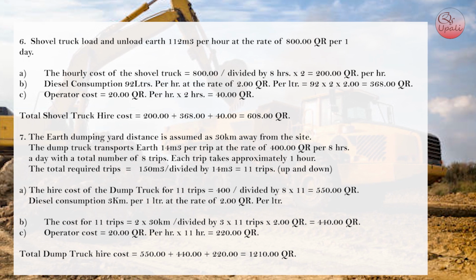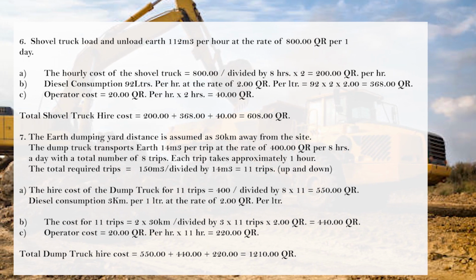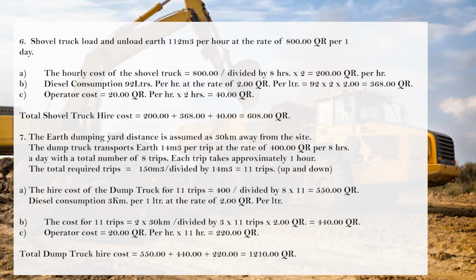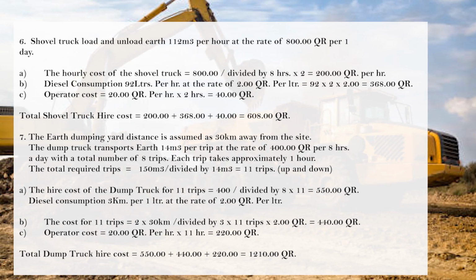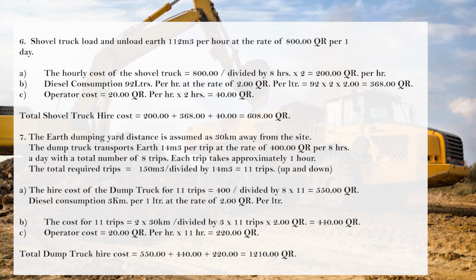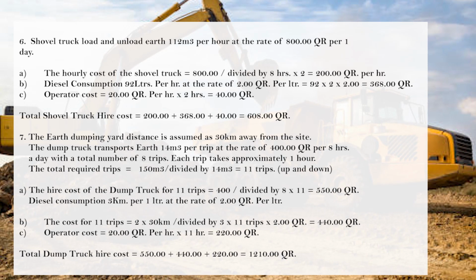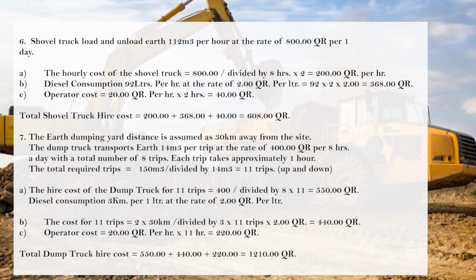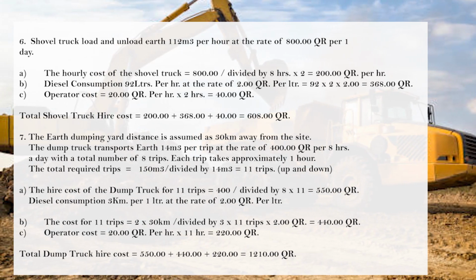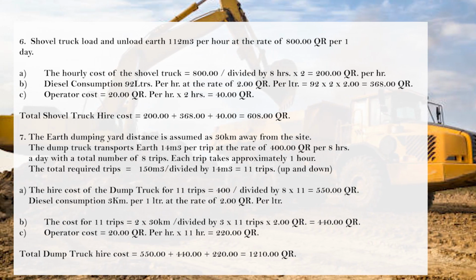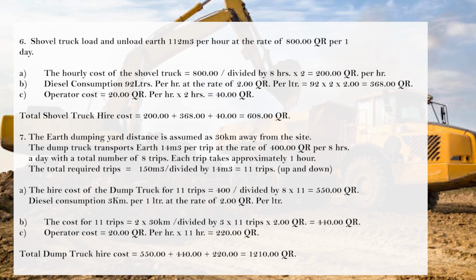A. The hire cost of the dump truck for 11 trips equals 400 divided by 8 into 11 equals 550 Qatar riyal. Diesel consumption 3 km per 1 liter at the rate of 2 Qatar riyal per liter. B. The cost of 11 trips equals 2 into 30 km divided by 3 multiplied by 11 trips into 2 equals 440 Qatar riyal.